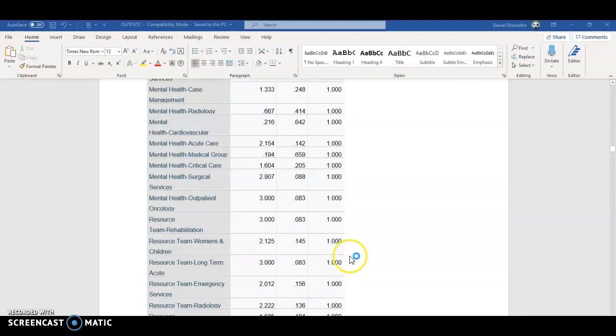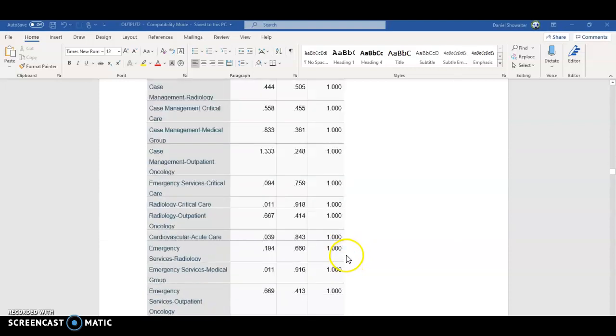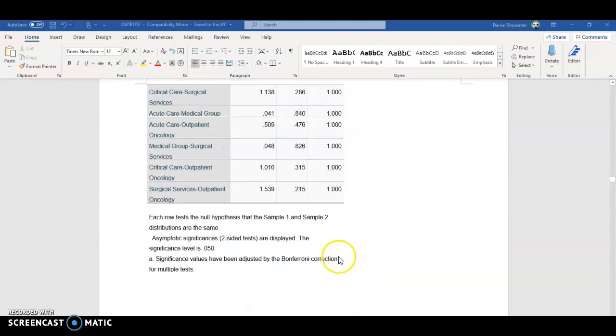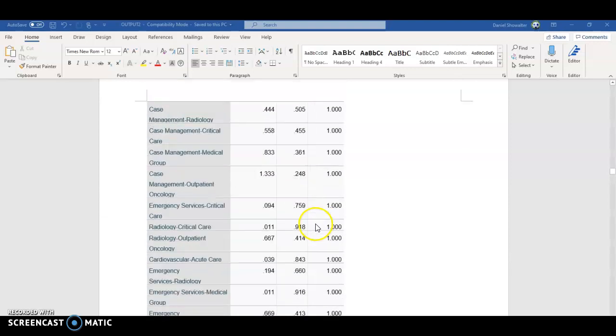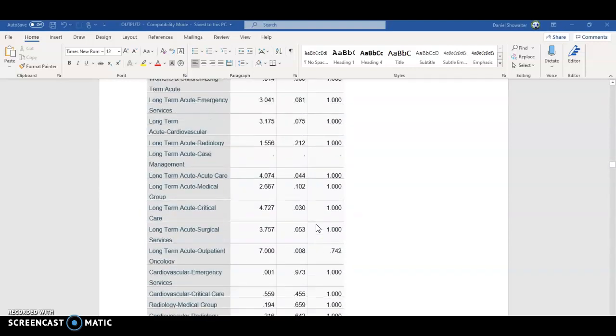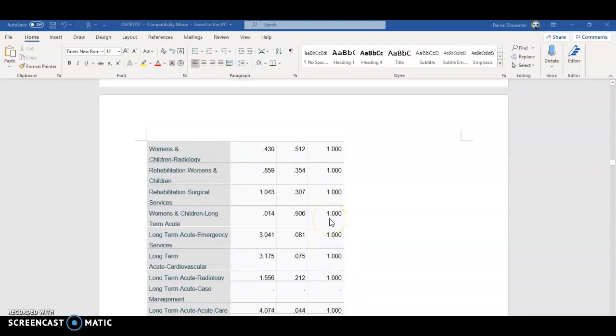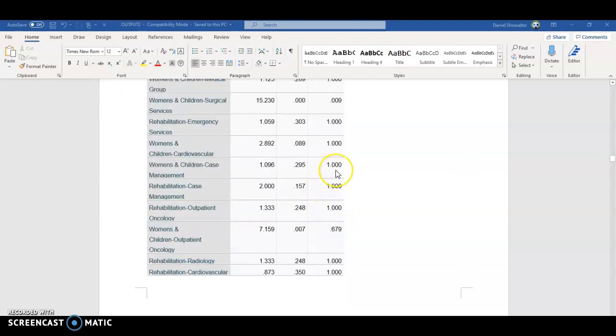The adjusted sig, I think, is based on family-wide type 1 error. Yeah, Bonferroni correction. Good. So family-wide type 1 error. And what that's basically saying is if you're going to run all these tests and hope for a significant result, it's probably too much. That's why you're seeing all these ones here.